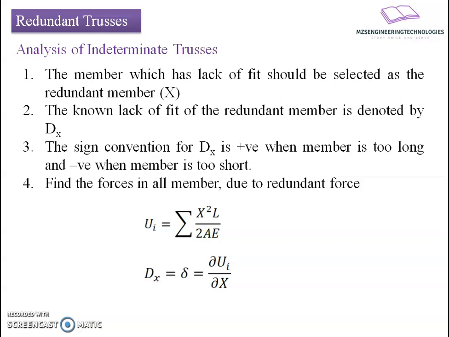We will consider the identified lack of fit as a displacement of that particular joint, which will be denoted as dx. The sign convention depends upon the type of lack of fit. If the length is too short, we will put a negative sign. If it is too long, we are going to put a positive sign.